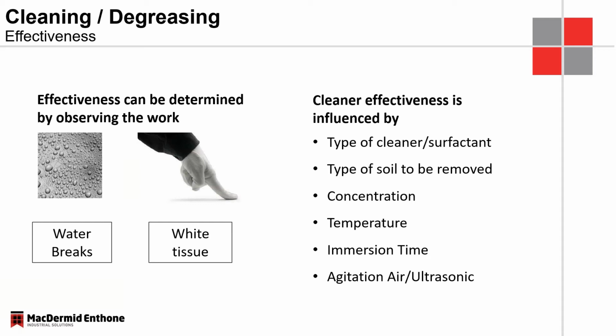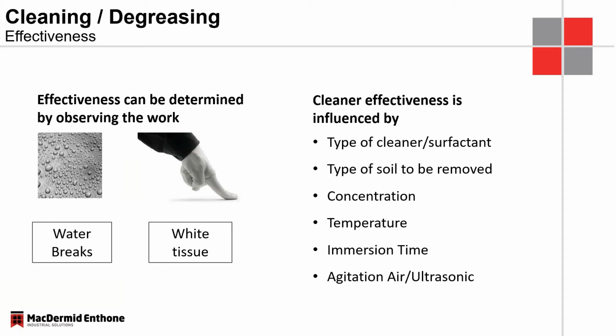The second test here is the white tissue test. This is mainly used for residues, solid residues, any sort of dust, metal swarf, abrasion products. And what we do is we just wipe with a white tissue.